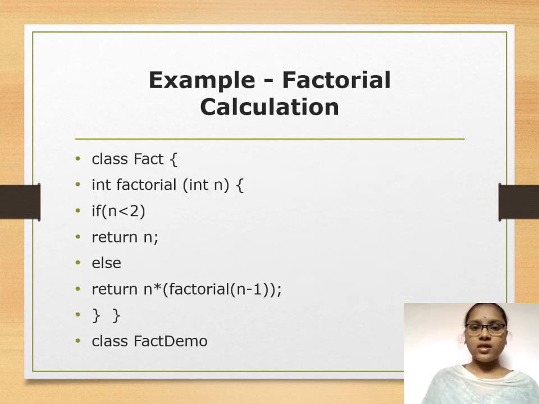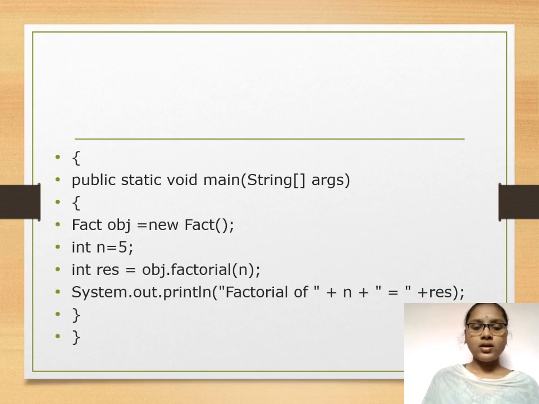And then, an example of factorial calculation. For example, in recursive methods, we have one example, that is factorial calculation. The source code is class Fact. We have to define a class like Fact, int factorial of int n. If n less than 2, return n, else return n times factorial of n minus 1. And then we have to define another class, FactDemo, and a main method, public static void main String args.